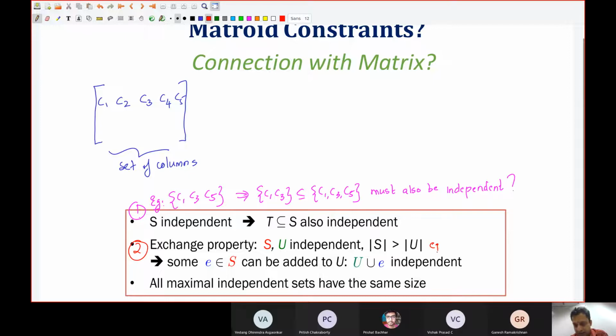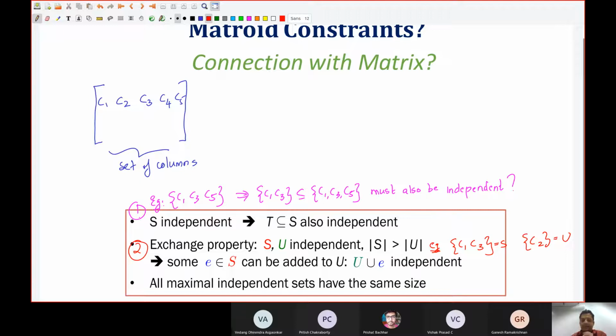Let's say C1, C3 is independent, and C2 is also independent. Any single column is going to be independent. So the size of S is greater than or equal to the size of U. But is U a subset of S? It need not be.